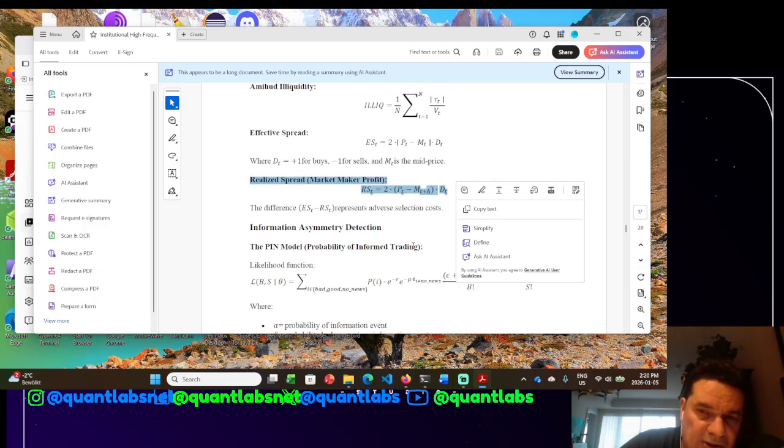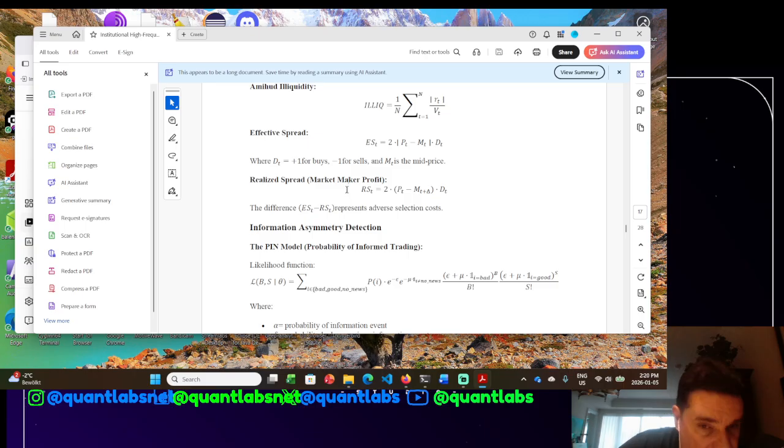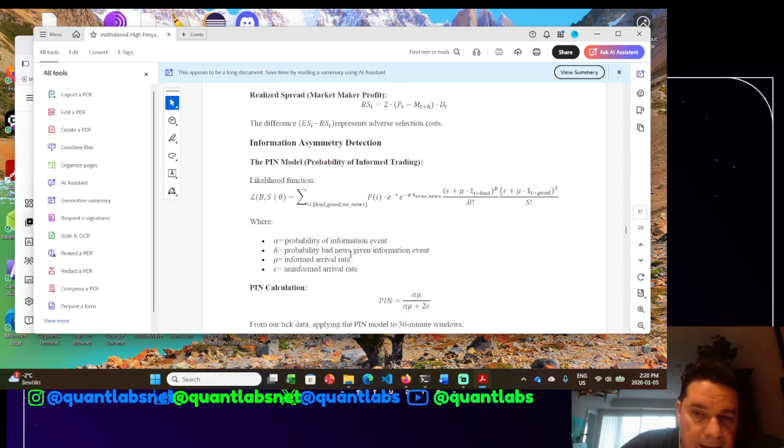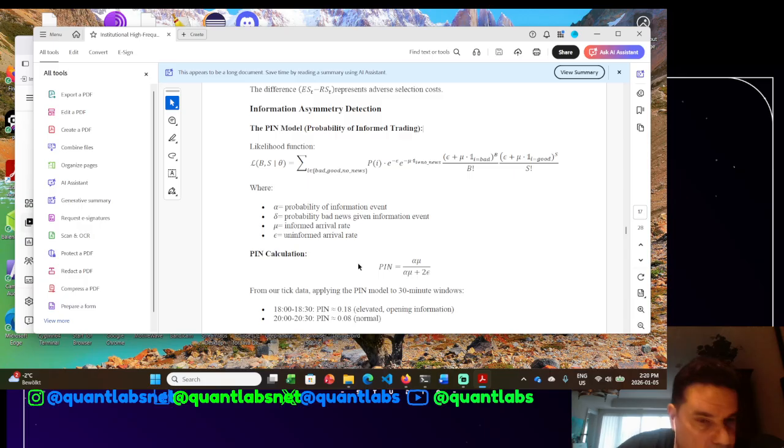And then here's where we start to get into the market making on the profit level as well. Probability of informed trading. Okay, so this is again from just pure data. I no longer listen to people at all, at all, with their hunches or what they think, because it's useless information.